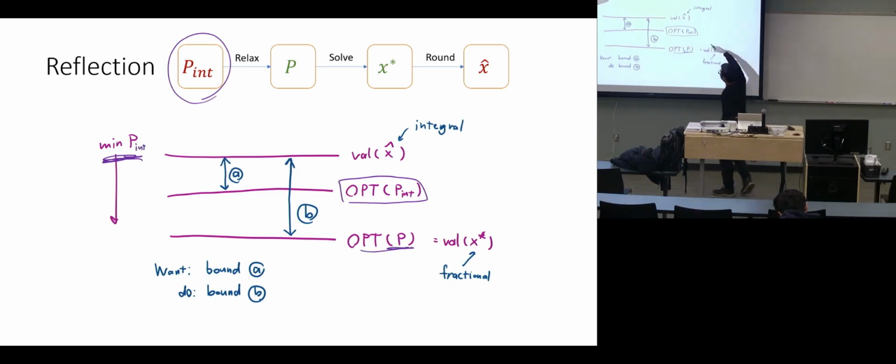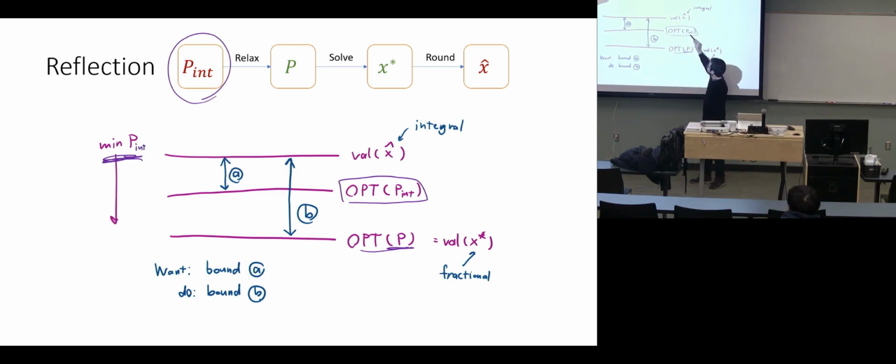And once you relax the problem, the optimal solution can go a bit lower. And then you solve it and you get x star. This is just a fractional solution. Might not be correct, might not be what you want. But once I get x star, I round it. I round this solution to x hat. Now this is an integral solution.